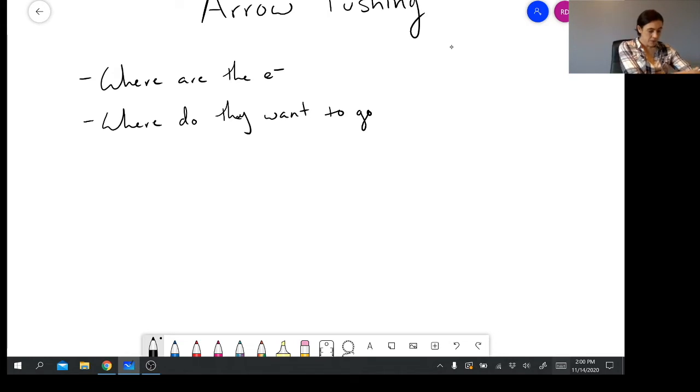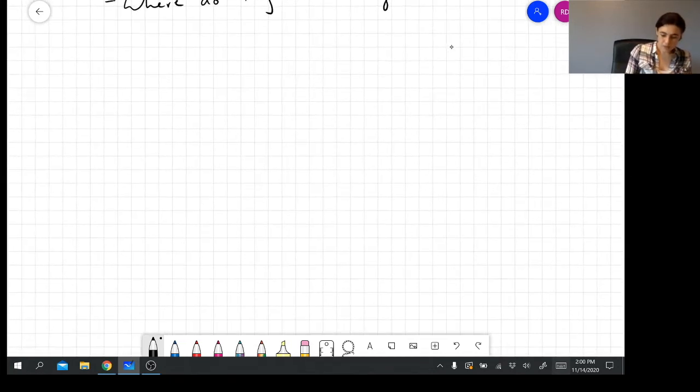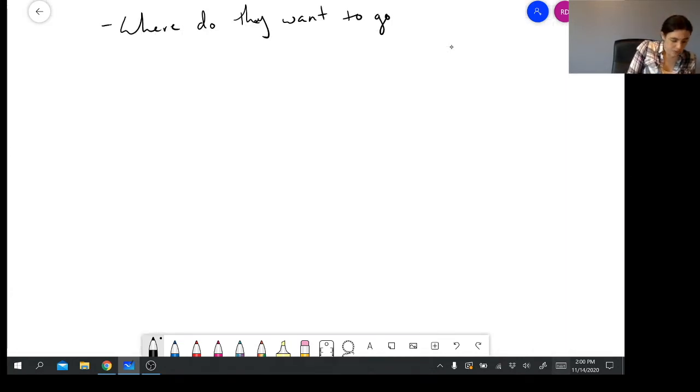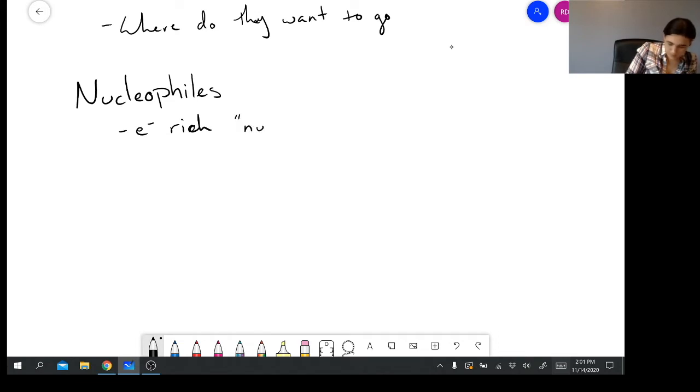So one of the ways that we can address this is by defining our substrates in terms of electron-rich and electron-poor systems. So we define these as nucleophiles, which are electron-rich, nucleus-loving, or direct translation.